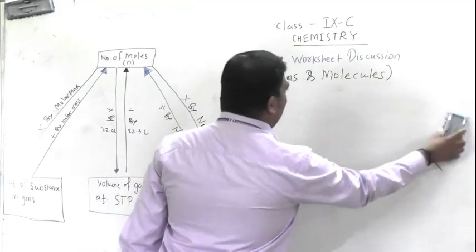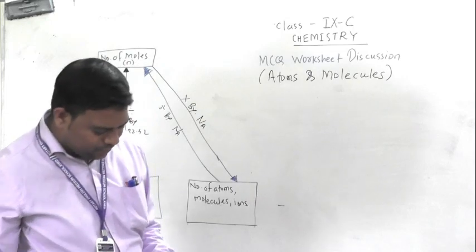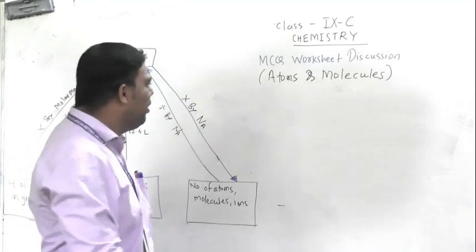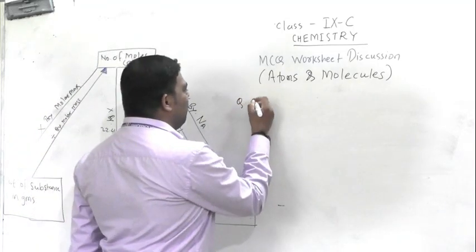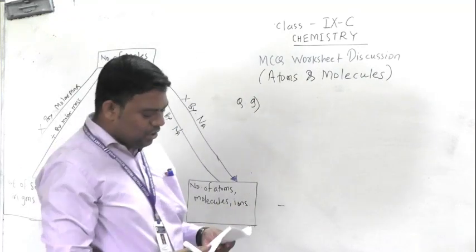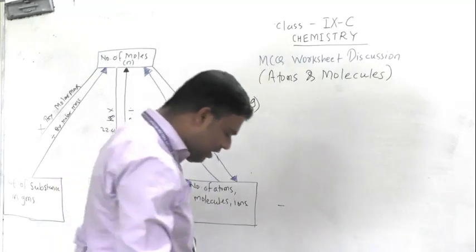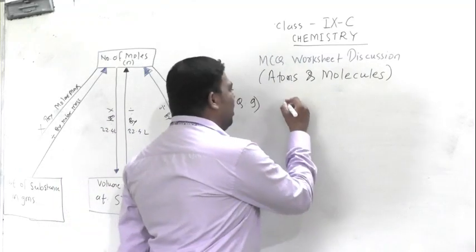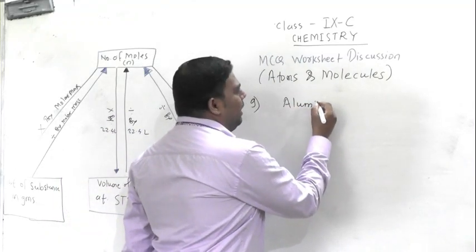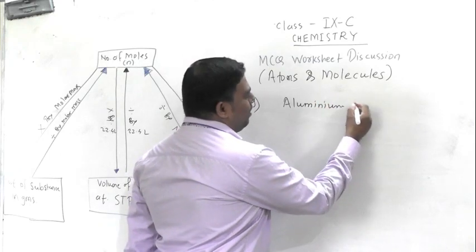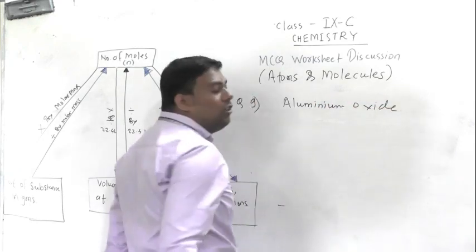See here, question number 9. Such type of question is very easy. The total number of atoms in a molecule of aluminum oxide. So you must know the formula.